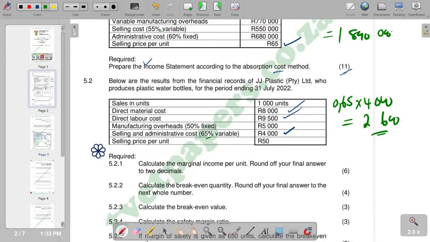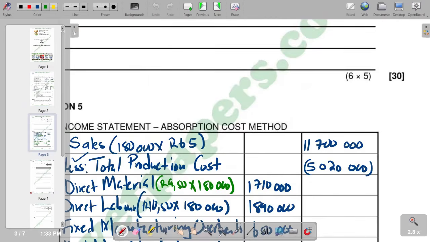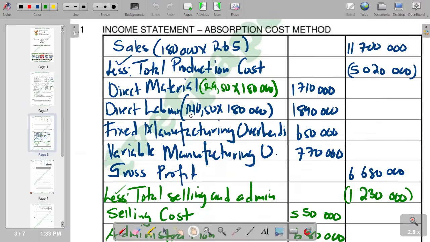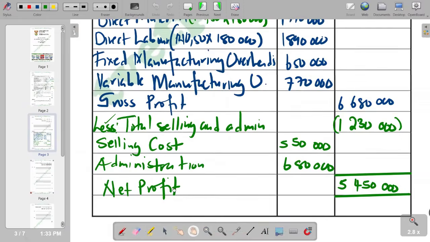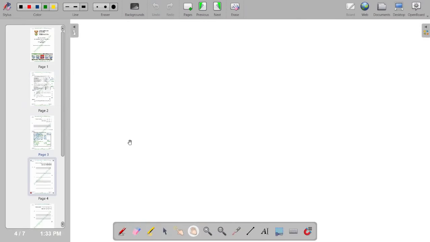So this is going to be the variable selling and administration. With that, we can now show it in our other section, and we add our 2,600.